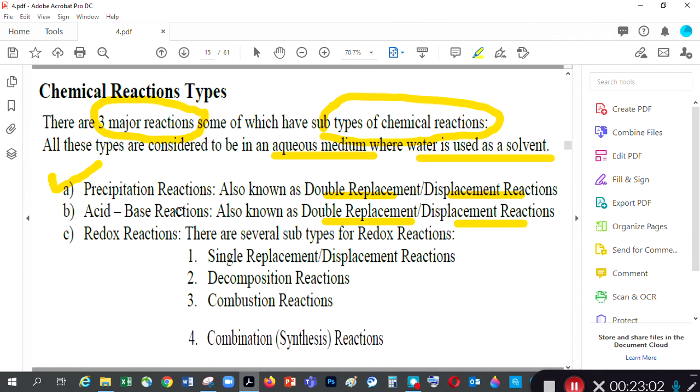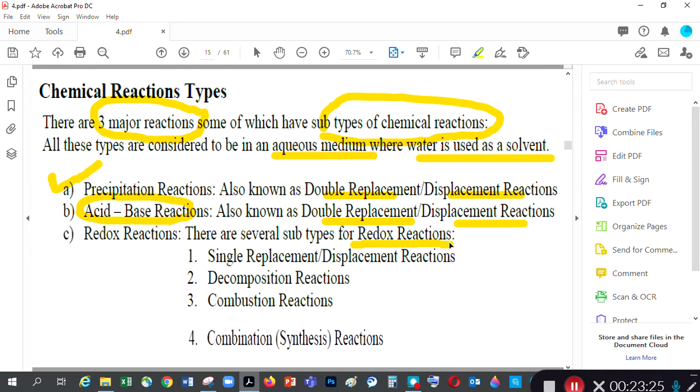The acid-base reaction is also known as a double displacement or replacement. There is a third name for it, called the neutralization reaction, acid-base neutralization. Then the redox reaction.